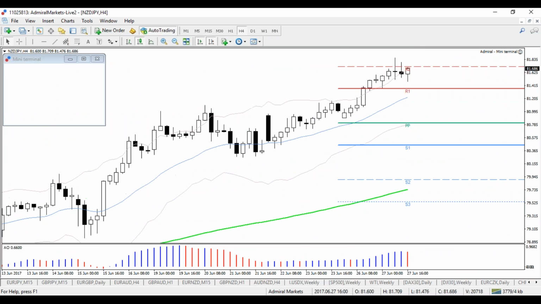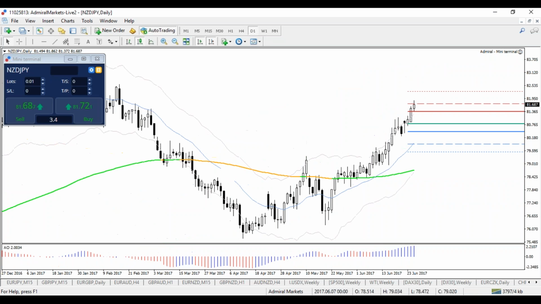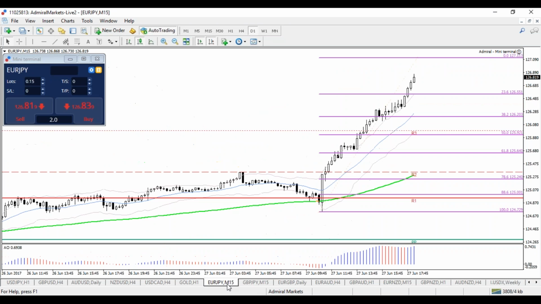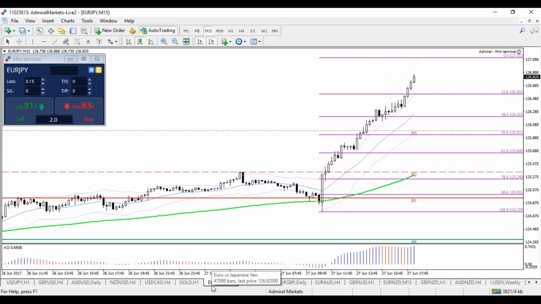We have some wicks though, but definitely the uptrend is strong. So we see New Zealand is stronger than the yen, which actually means that if we had to choose between euro yen and euro New Zealand, yen is weaker, so euro yen seems to be the optimal one at this moment.